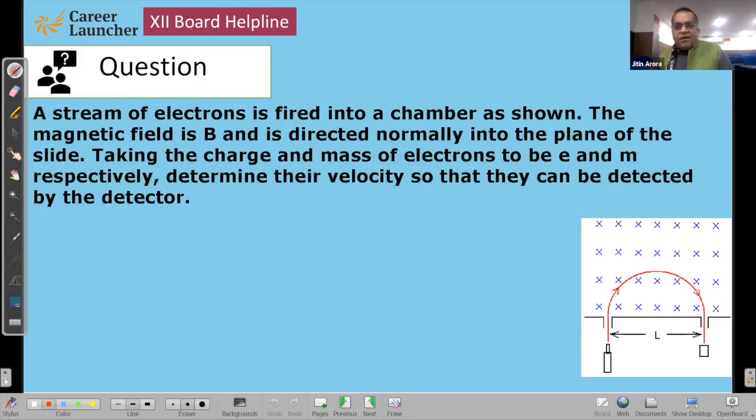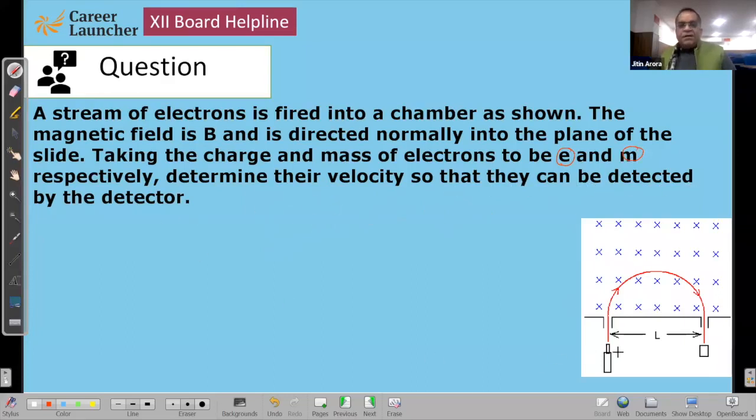The magnetic field is B and is directed normally to the plane of the slide. Taking the charge and mass of electron to be small e and small m respectively, determine the velocity so that they can be detected by the detector.